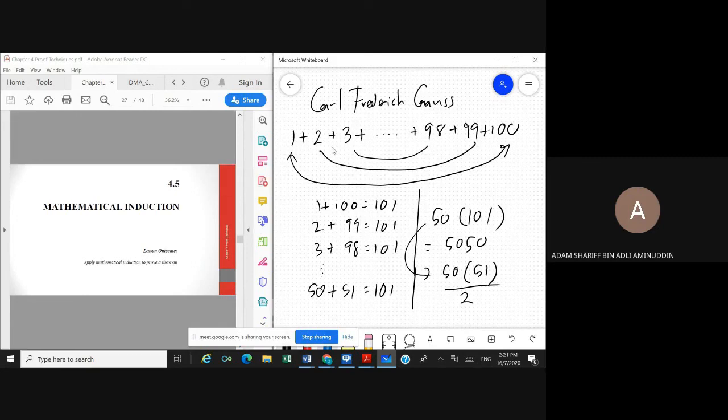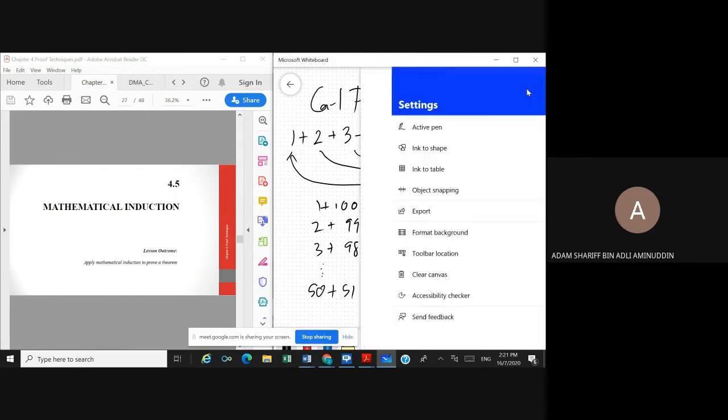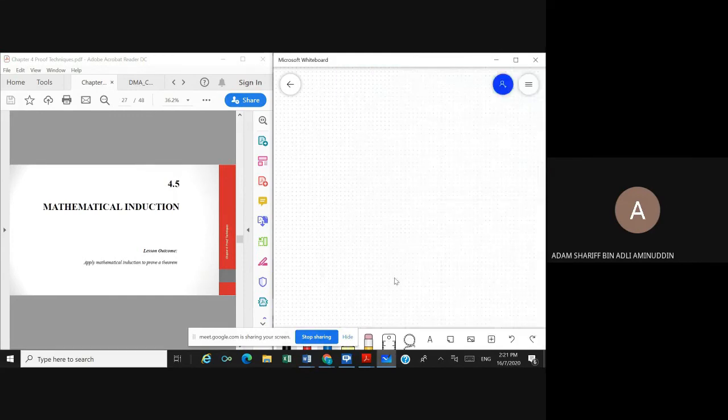Gauss only added up 1 until 100. But what if I tell you, you can actually count what is 1 plus 2 plus 3 until 2020? I can answer this quite fast. This year is 2020. What is the summation from 1 until 2020?